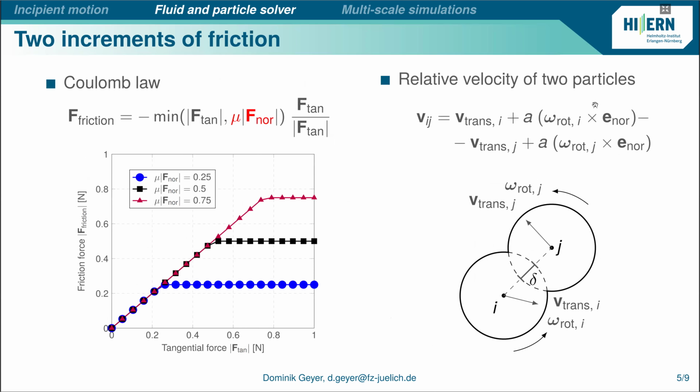To give you the physical notion behind this, when you want to model friction, you have two major ingredients. The first one is the normal force, and this is really the physical notion: when you place an object on a substrate and you apply a tangential force, the object will rest until the tangential force is so high that the object starts moving.